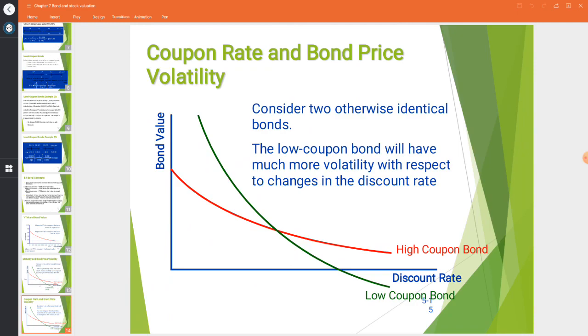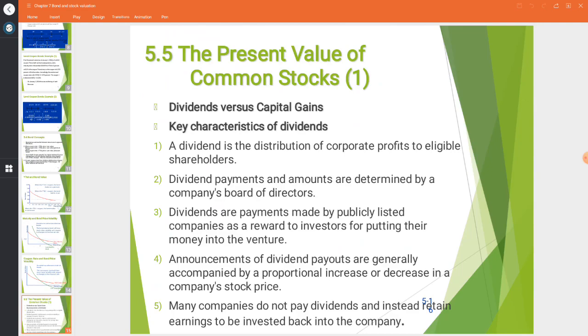We could argue that the low coupon bond will have much more volatility with respect to changes in the discount rate. If there is a change in the discount rate, the high volatility will exist in the case of a low coupon bond rather than a high coupon bond.